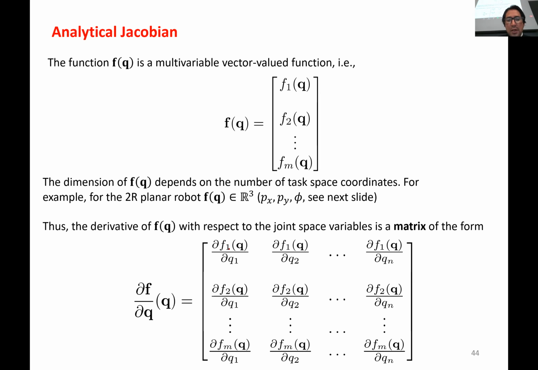For example, the top row has the first row of the direct kinematics function with respect to q1. In the second one, you have it with respect to q2, and so on up to qn. Remember, n is the number of joint space variables.